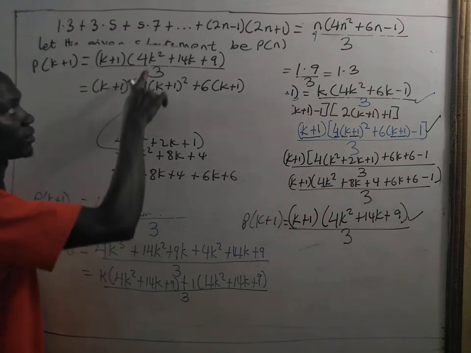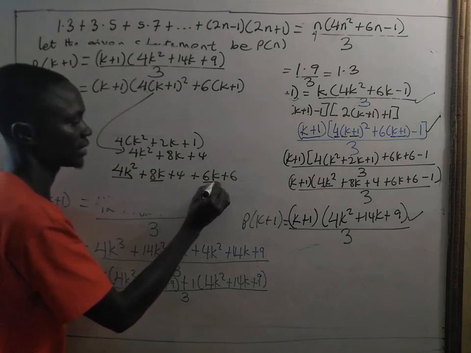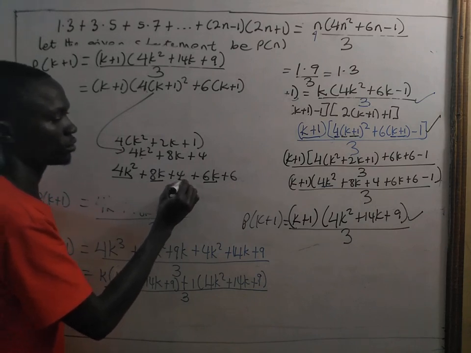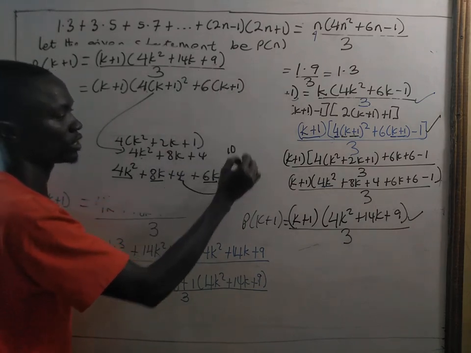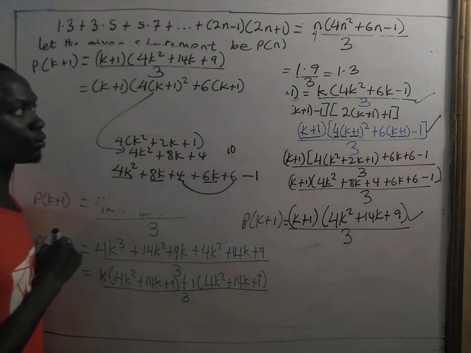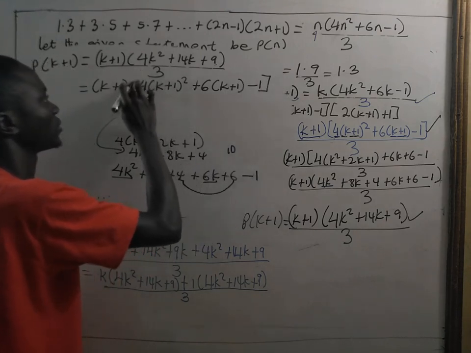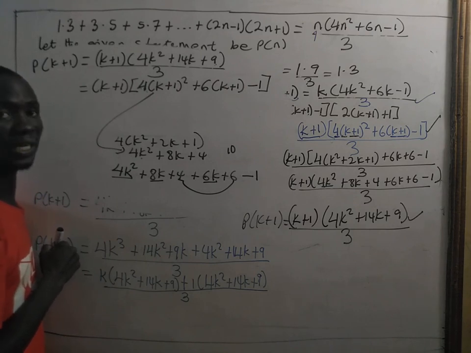4k squared is there. 8k plus 6k will give me 14k. But 4 plus 6 will give me 10, which is more than 9. So it implies I have to subtract 1 from this. Wow. So I'll bring here minus 1. That is why I'm bringing the minus 1.